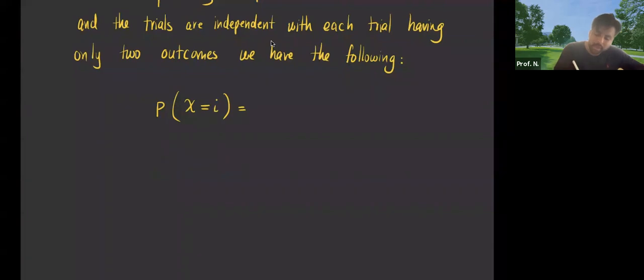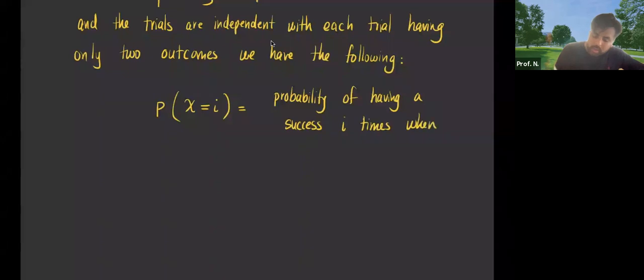If my random variable is i, this tells me I want to know the probability of having a success i times when an experiment is performed n number of times.